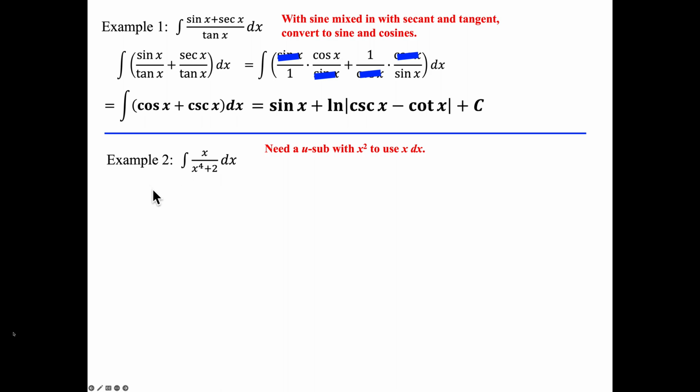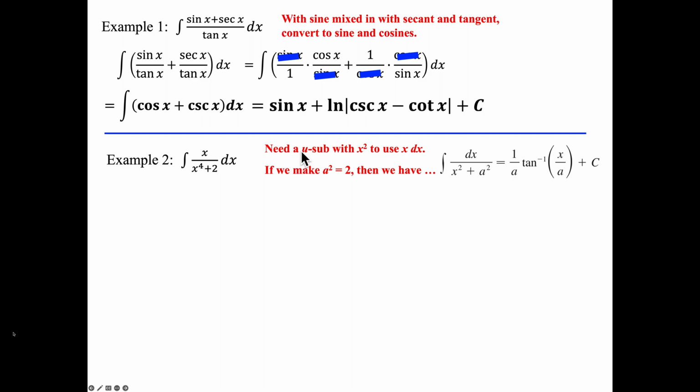And then I'm going to take the 2 and I'm going to make that an a squared. So I'm thinking that I'm going to try to use my x squared plus a squared on the bottom and use my, I think it's my inverse tangent is what I'm looking for. So this is going to be my integral formula that I would like to use.